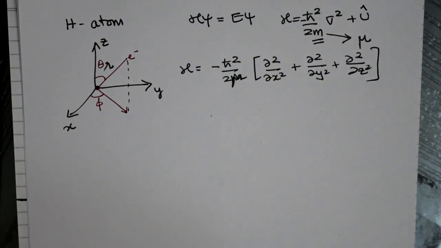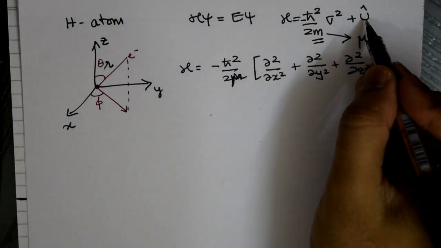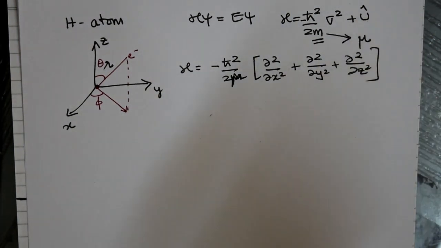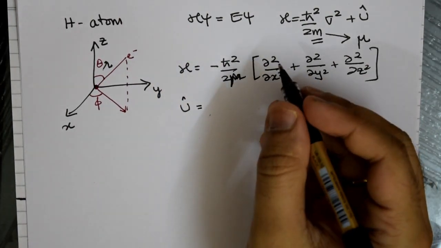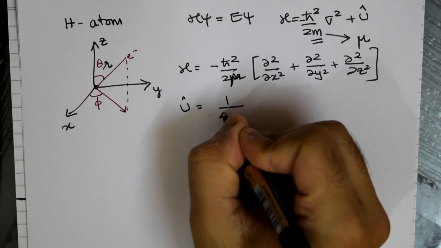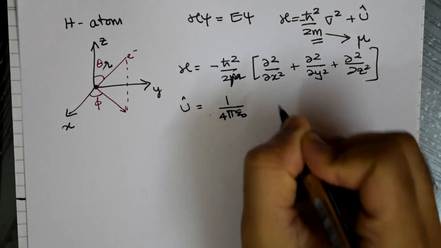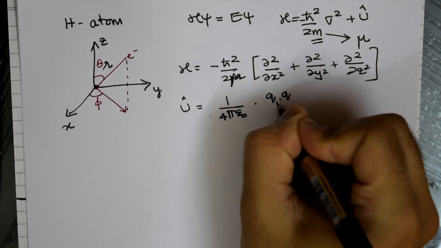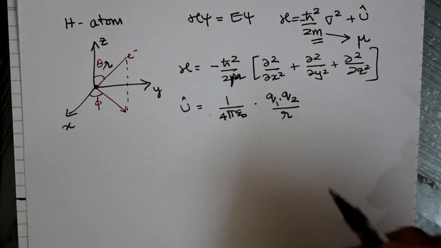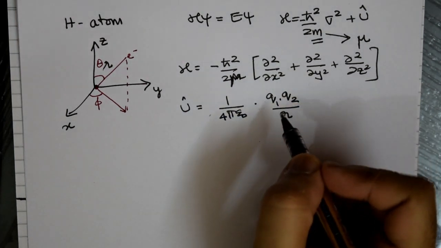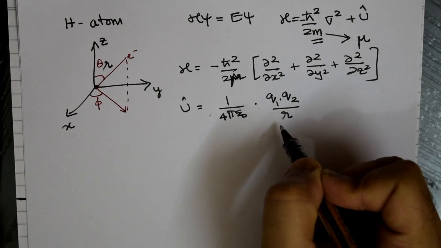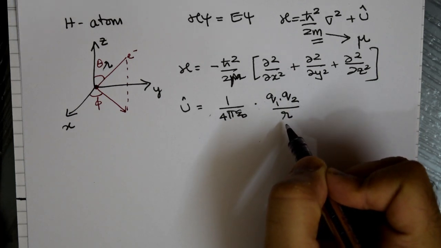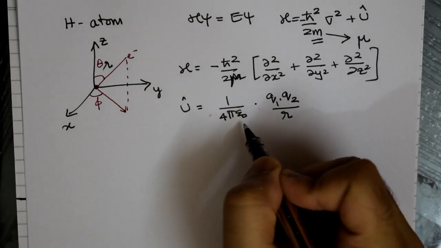Unlike the previous cases where we said there is zero potential, in this case, what is the potential going to be given by? I'm sure we remember it's given by 1 over 4 pi epsilon naught, q1 q2 divided by r. What is q1? The charge on the first particle, and q2 is the charge on the next particle. r is the distance between these two particles, and epsilon naught is the permittivity.